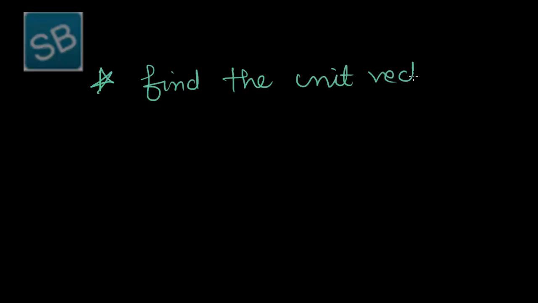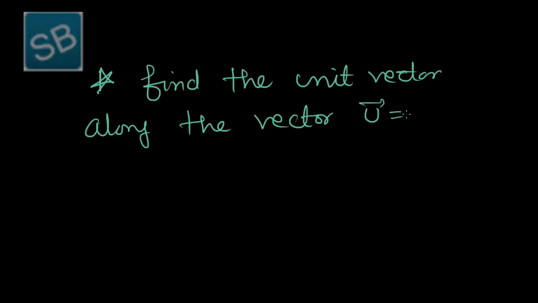Now we will discuss problems based on unit vectors. Find the unit vector along the vector u with coordinates 6, minus 7, 6.